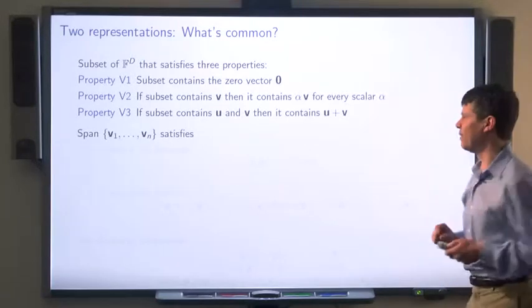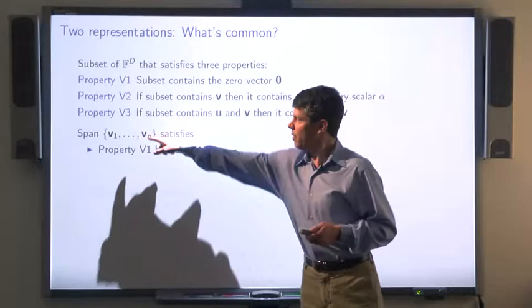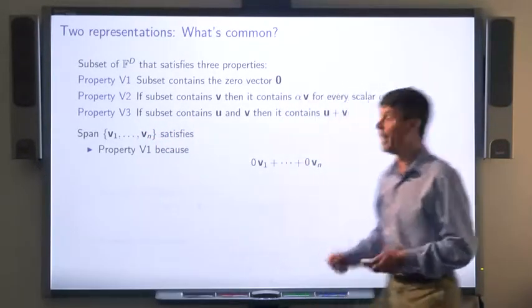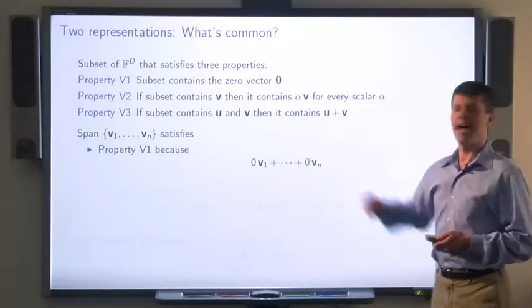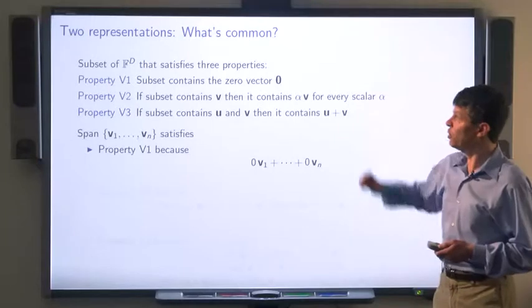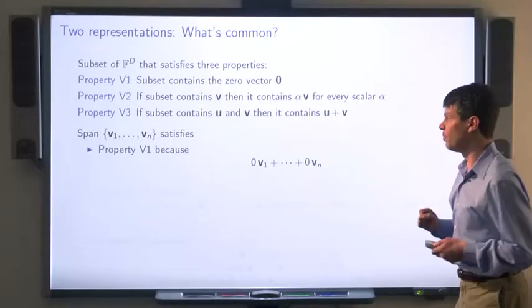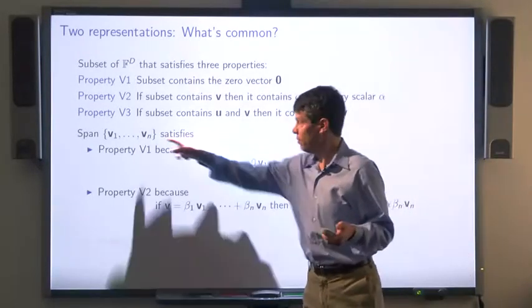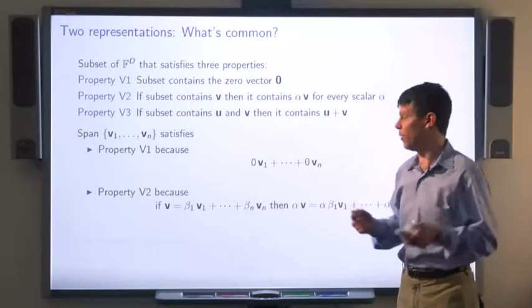The first one is easy. The span of vectors v1 through vn is the set of all linear combinations of those vectors. Here's one linear combination where you take every coefficient to be 0. That obviously gives you the 0 vector. So property v1 is satisfied. What about property v2? Well, let's take any vector in the set, that is, a vector in the span, which is a vector that can be written as a linear combination of v1 through vn.